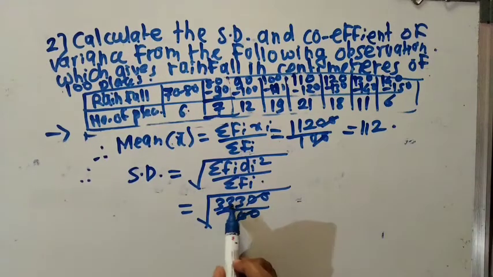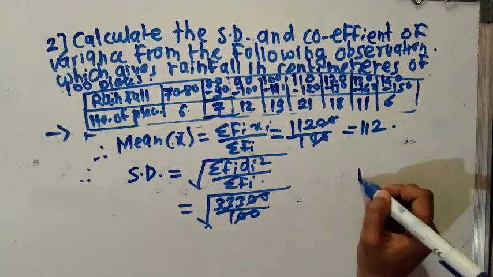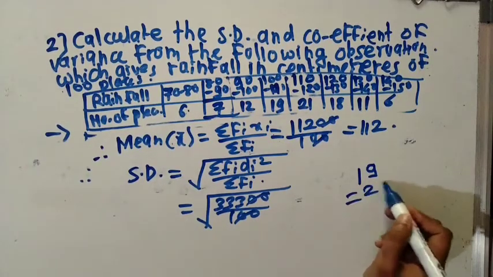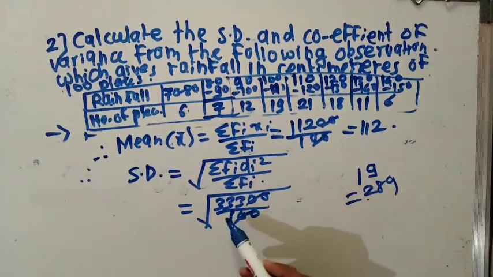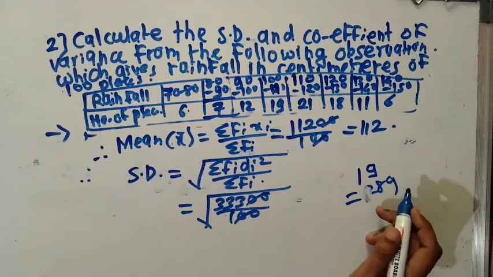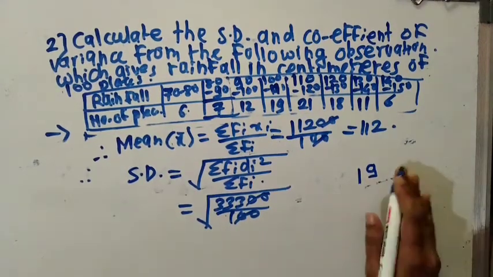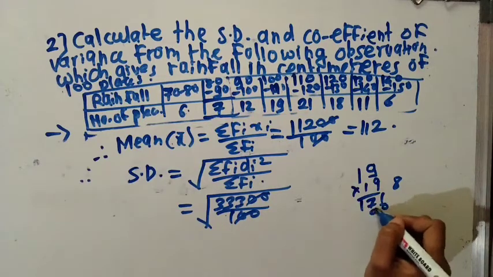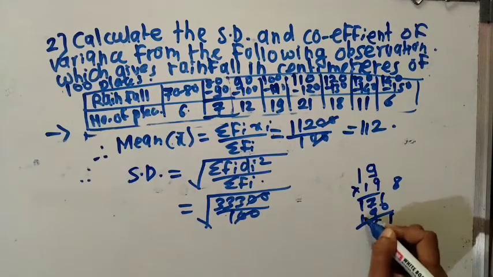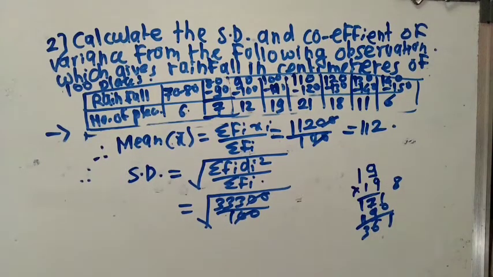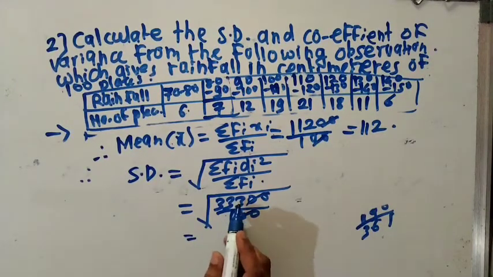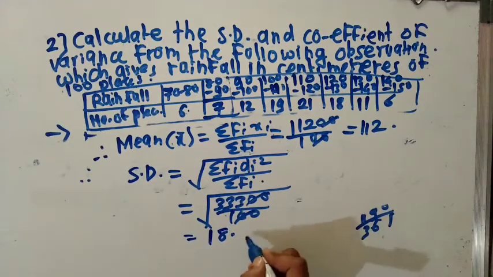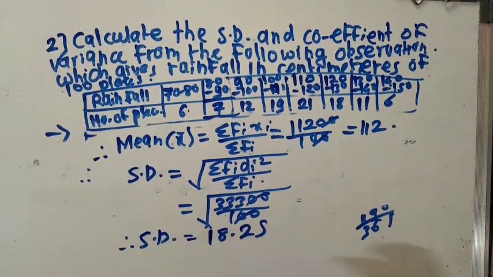Then the square root of 333 is about 18.25, and standard deviation is equal to 18.25.